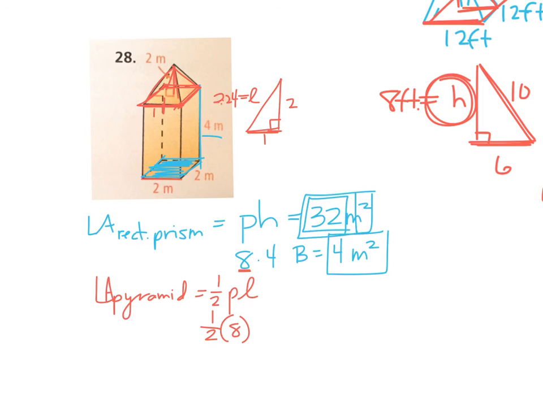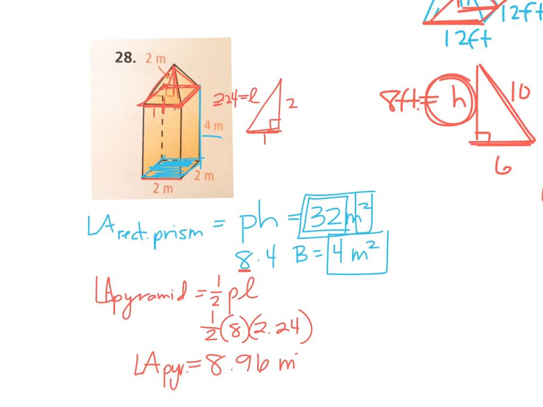Side note, the one on the test is not this fancy. So slant height 2.24, okay? So you're going to plug that in. 1/2 times 8 times 2.24 is 8.96.